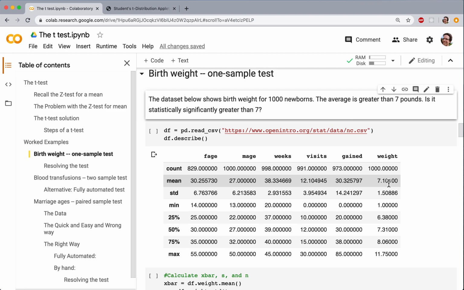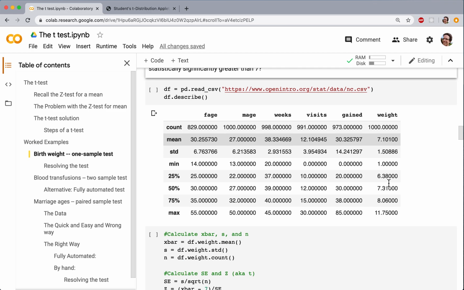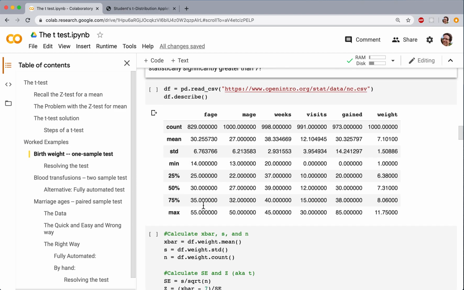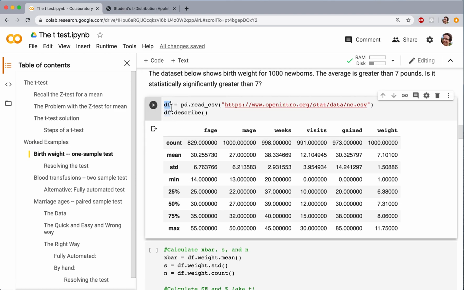Now, in order to run the test, we're going to need the basic descriptive statistics about this, which would generally be given in a story problem about this data. But here we're going to have to compute them for ourselves from the data. Notice the data frame is called df here, not to be confused with degrees of freedom. This is df for data frame, not for degrees of freedom.